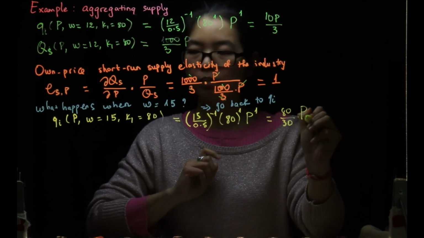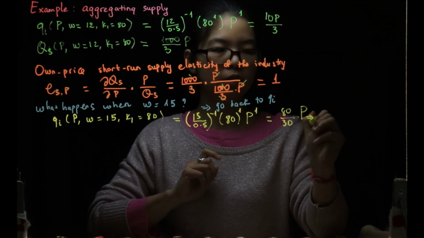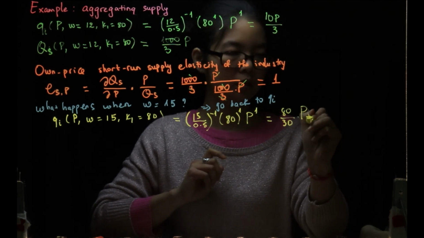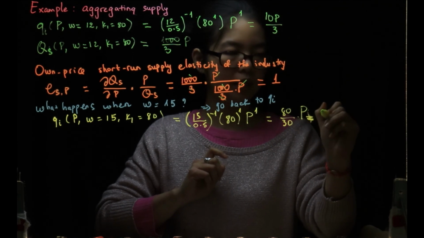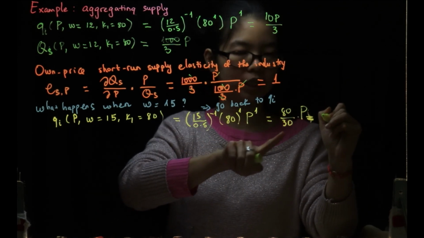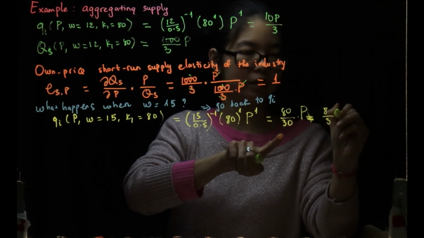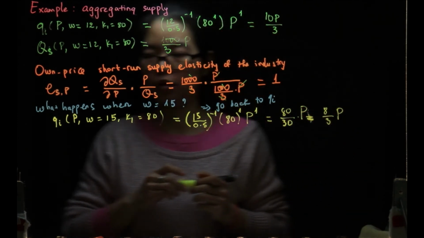And you could simplify it. Let's write it out here. By dividing both the numerator and denominator by 10. 8 over 3 times P. Okay?